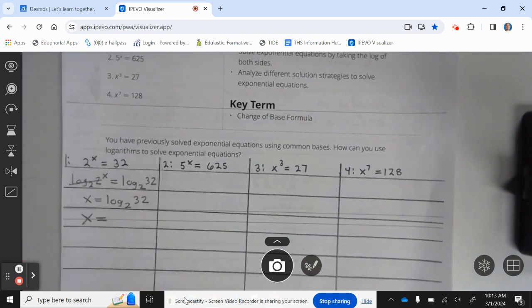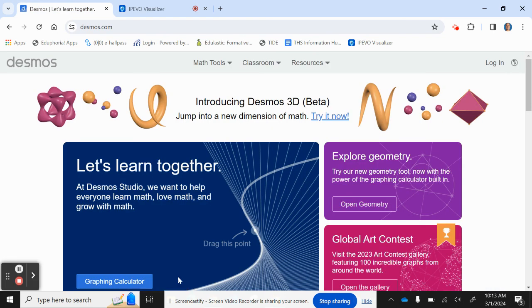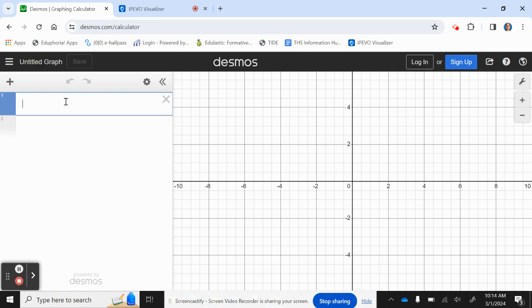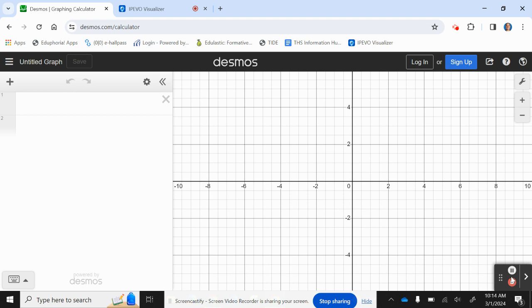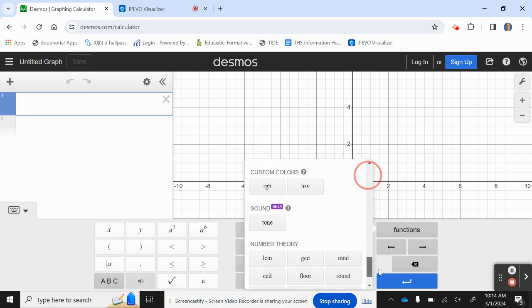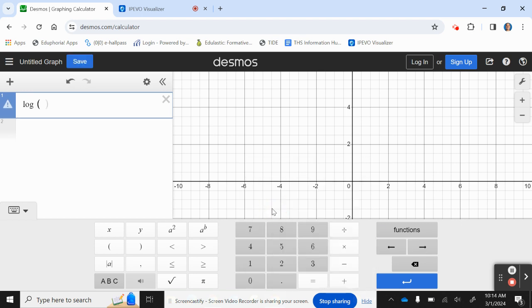Let's go ahead and put that in our calculator. So x equals 5.